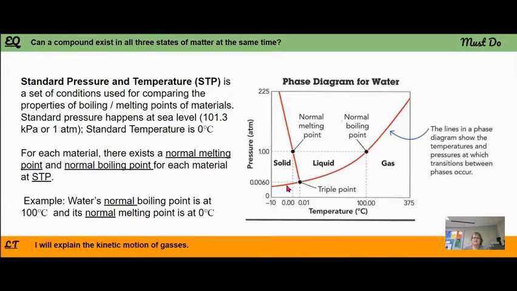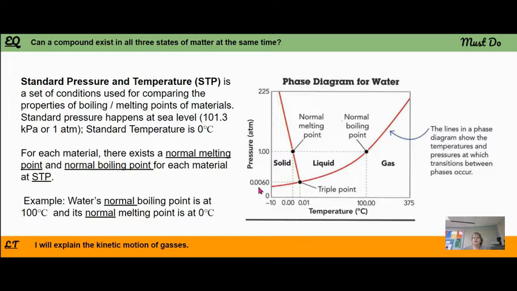And basically the phase diagram will show you where is the substance a solid, where is it a liquid, where is it a gas, and then along this line would be your melting point, right? And along this line would be your boiling point. And along this line would be your sublimation point.